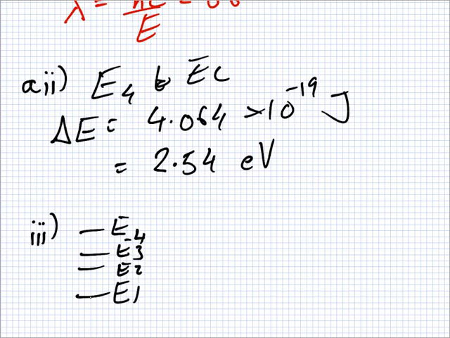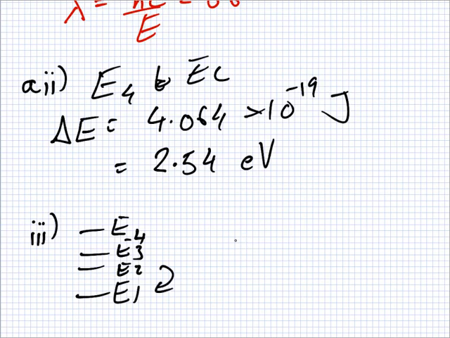We will go from E2 to E1 and show that it is ultraviolet. That means E3 and E4 must be at least ultraviolet as well, because they would have more energy because it's a bigger jump. So if we can show that E2 to E1 is ultraviolet, then E3 and E4 to E1 are also ultraviolet or greater.